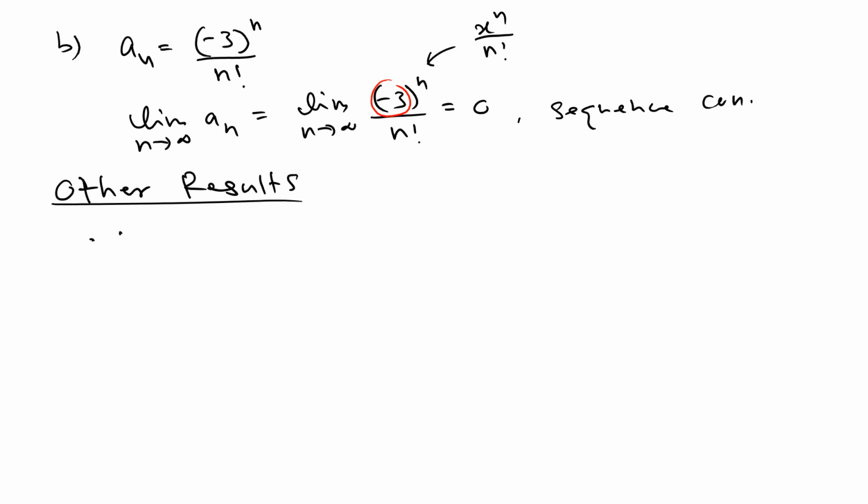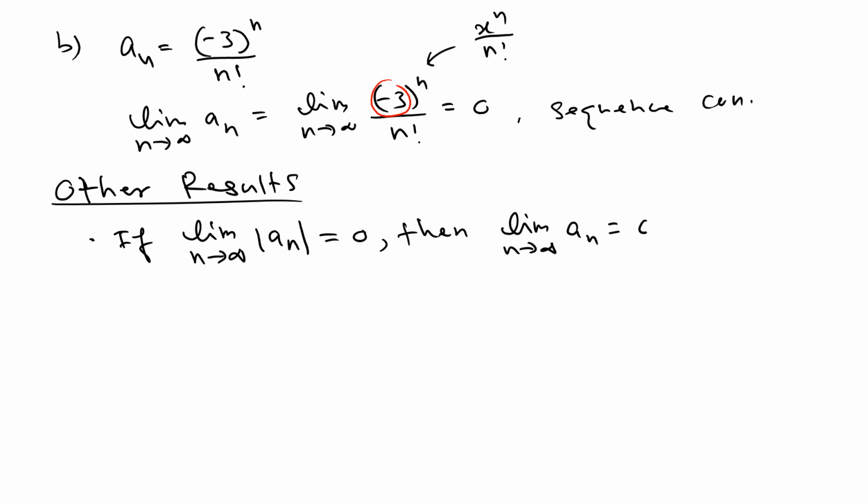One other result says that if the absolute value of the sequence goes to 0, then the original sequence also goes to 0. It has to, because if the absolute value goes to 0, the situation is like this: it can fluctuate, but it goes to 0. That's the kind of situation here.